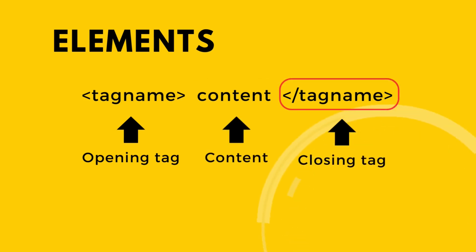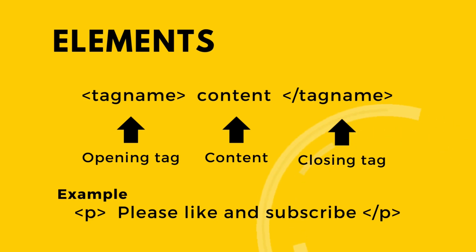So that is an element. For instance, let's use paragraph. The tag name for paragraph is P. You have a tag P, then the content of the paragraph, what you want to display in that paragraph. Then you close the paragraph with a closing tag. So that's what an element is.